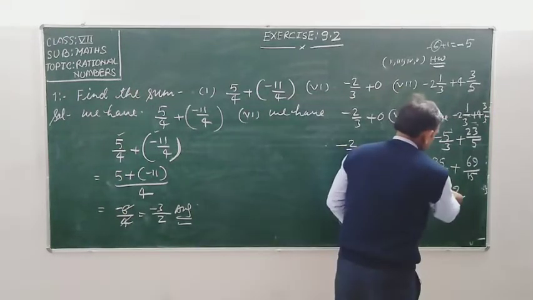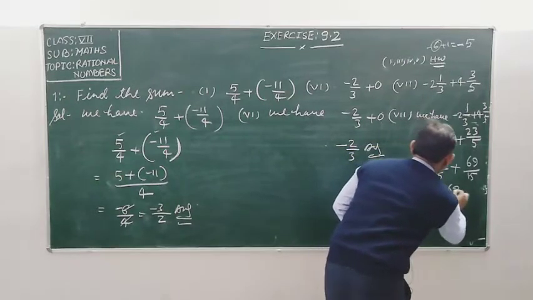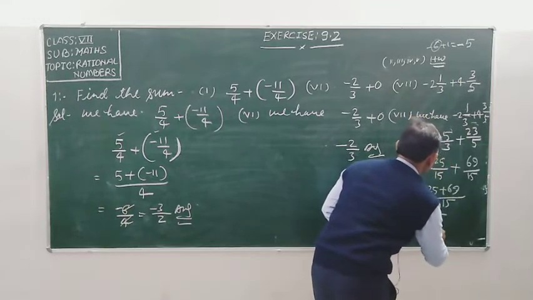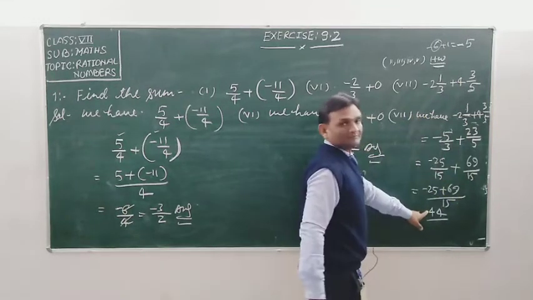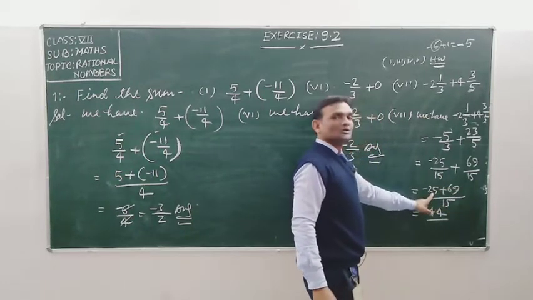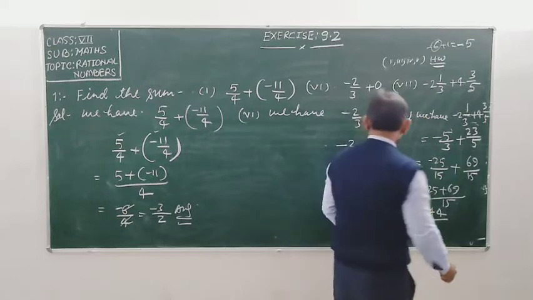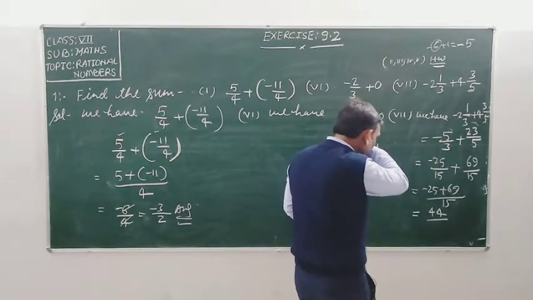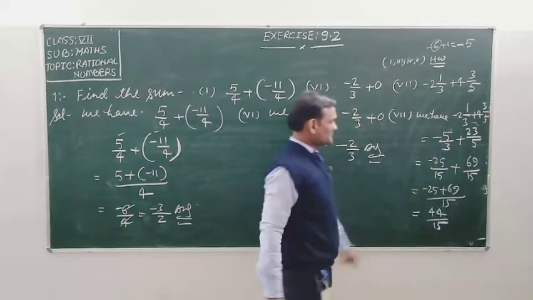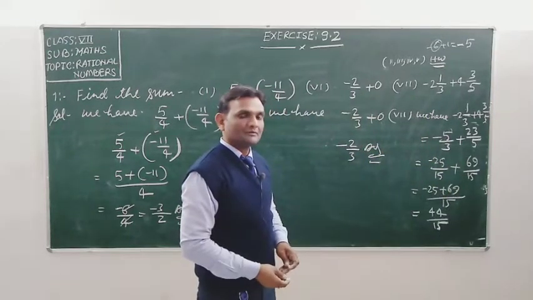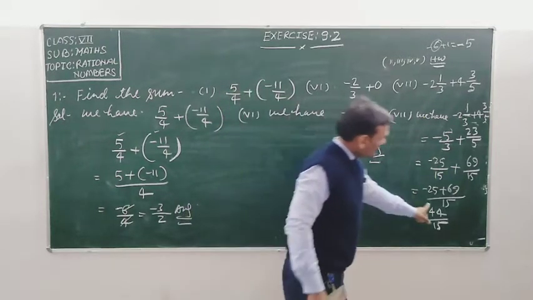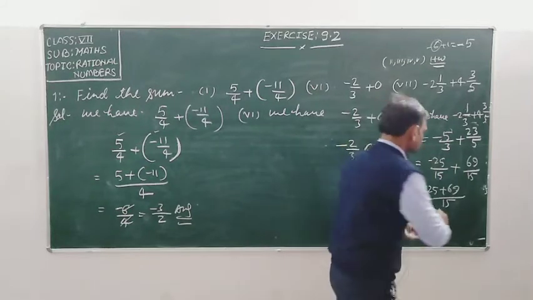So 69 minus 25: 9 minus 5 is 4, and 6 minus 2 is 4. And we use the sign of the greater number, so 44 is positive because 69 is greater than 25. So 44 upon 15, student, this is my answer.